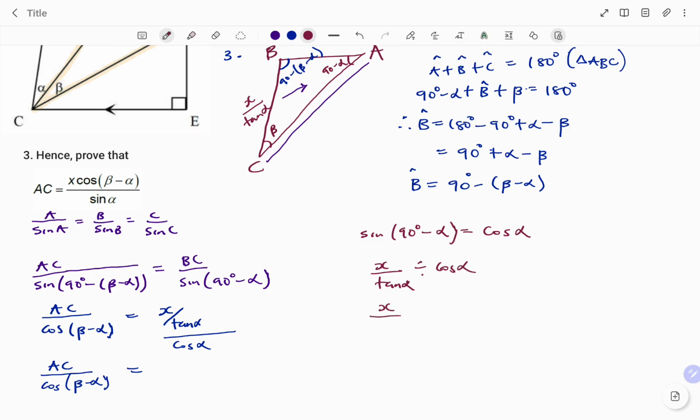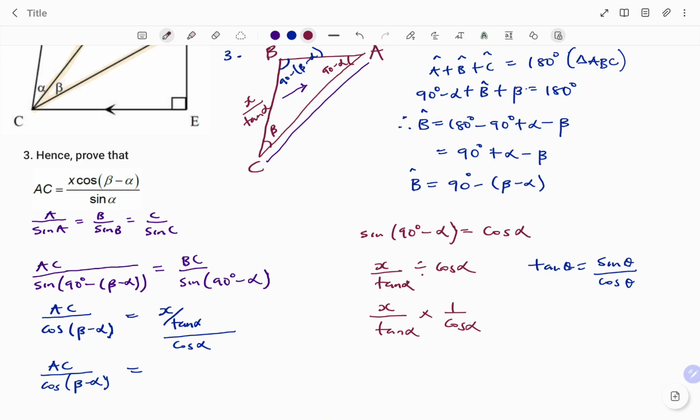This is going to be x over tan alpha times 1 over cos alpha. Remember, from my identities, tan theta equals sine theta over cos theta.